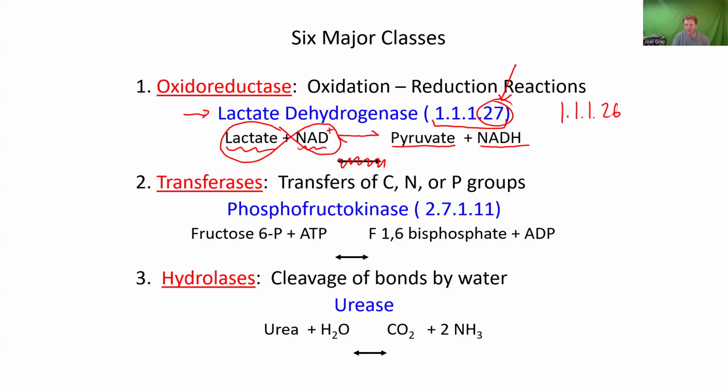Yeah, there's an enzyme 1.1.1.26. So that enzyme does exist, but guess what? Or what could you say about this? Well, you could say that it's an oxidation reduction reaction, or it's an oxidoreductase enzyme.